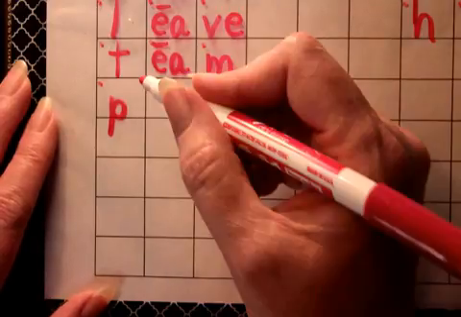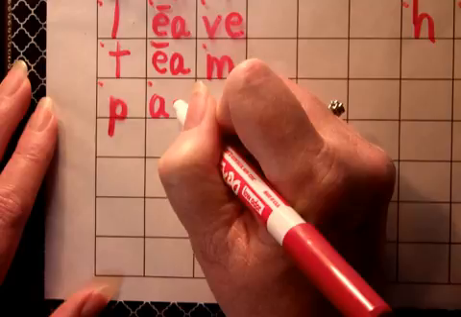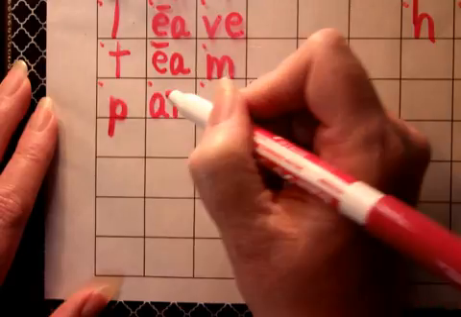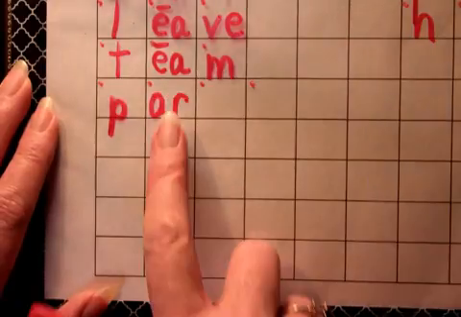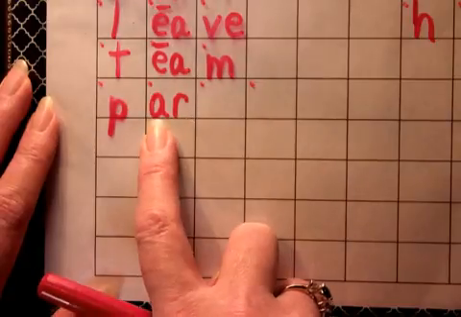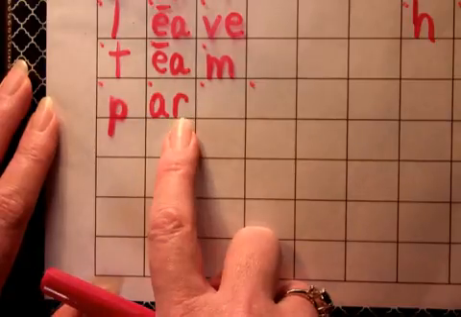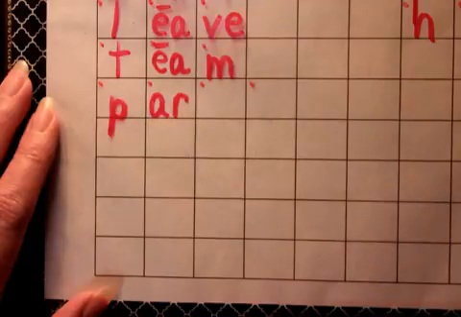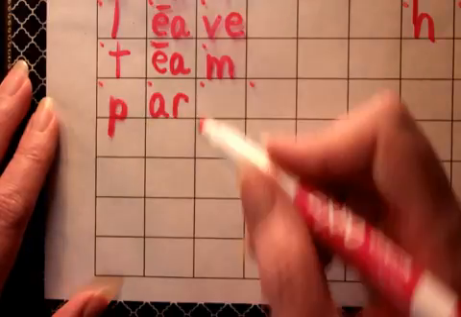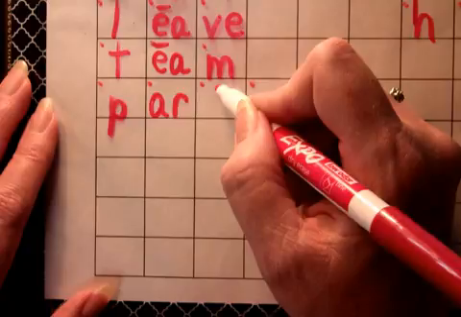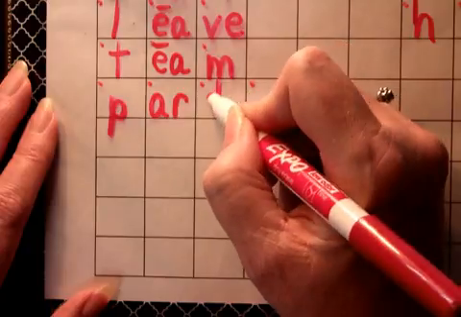It's spelled A-R in one box because that's considered one sound. That's an R controlling the vowel. An R controlled vowel. The next sound is T. Start at the top, go down.